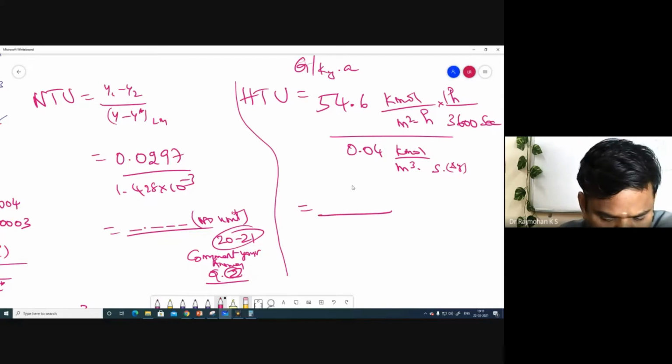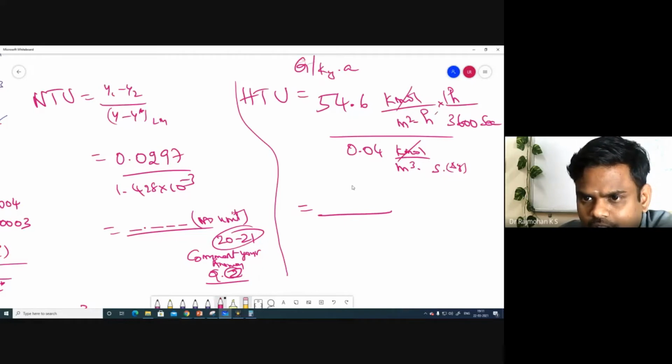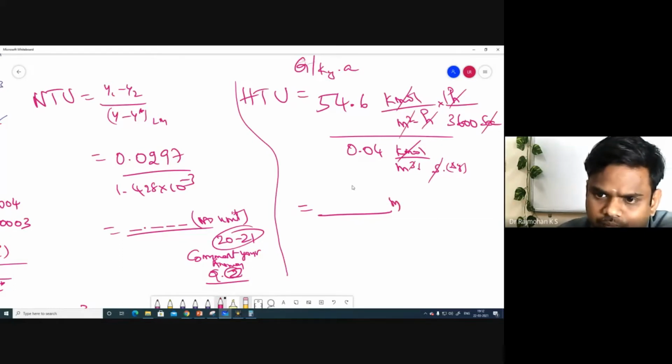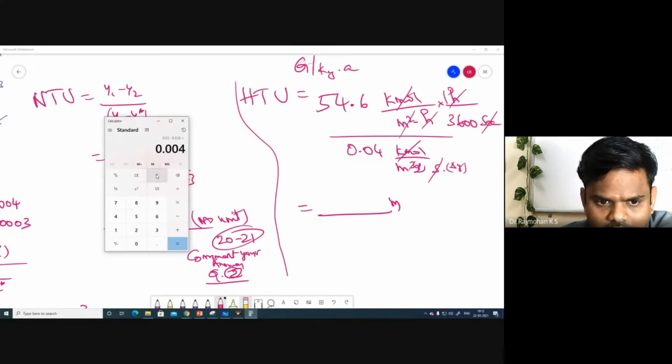So we will get your HTU value. Check the unit tally. Kilomoles getting cancelled, R gets cancelled, second gets cancelled, so meter square will become meters. Okay, so HTU value we will get around 54.6 divided by 0.04 divided by 3600.